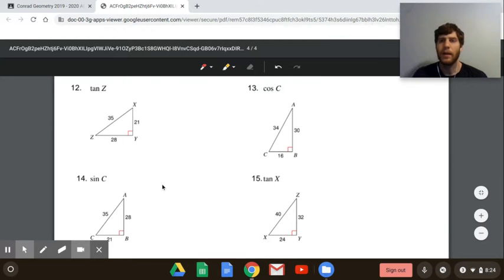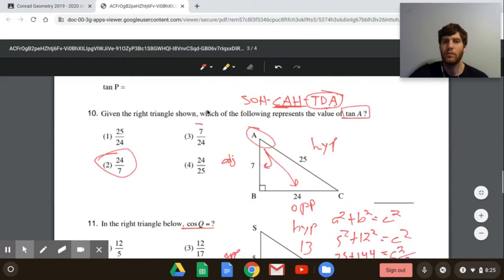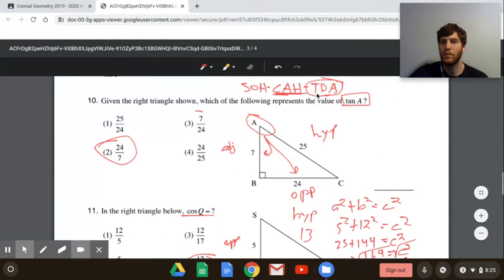Again, label the hypotenuse first. We're looking at z, so circle z. Across from it is opposite. Next to it is adjacent. And so what's the tangent of z? Well, tangent, right, if you go back up, SOHCAHTOA, tangent is opposite over adjacent.